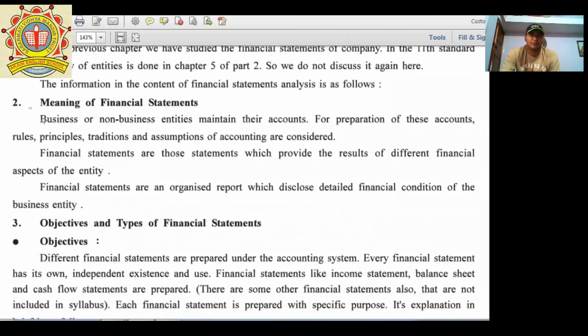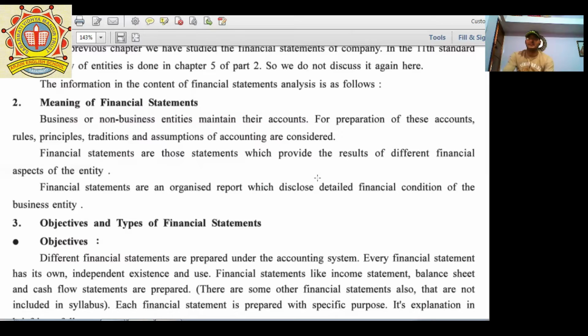Meaning of financial statements: business or non-business entities maintain these accounts. Business or non-business means any NGO or service related activities; all of them have to prepare financial statements. Financial statements are those statements which provide the result of different financial aspects of an entity. They are an organized report which discloses the detailed financial condition of the business entity.